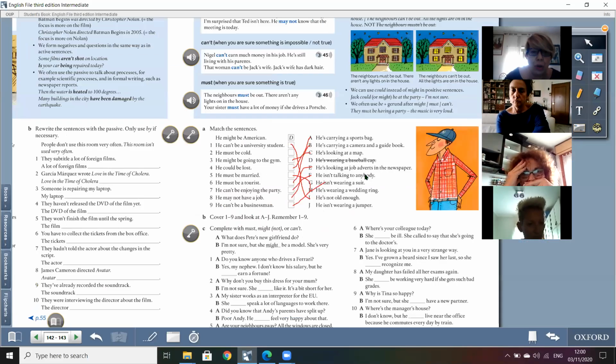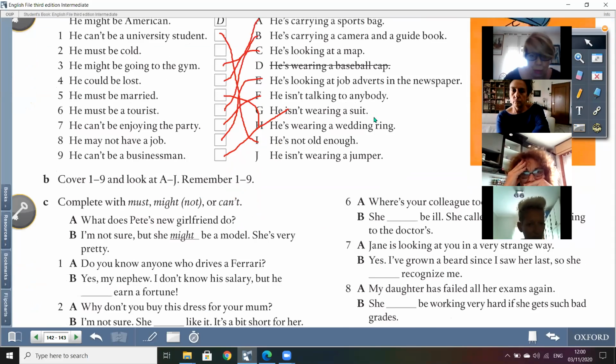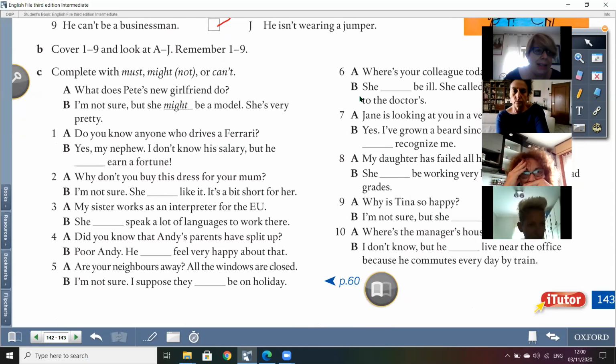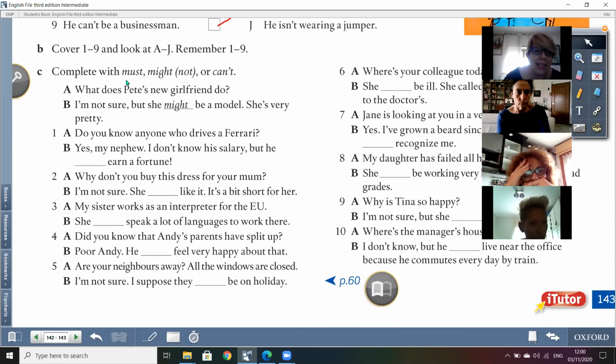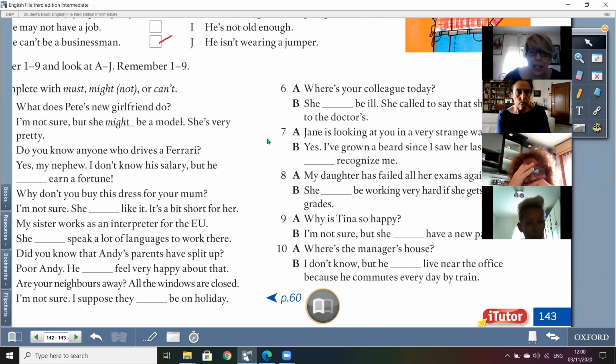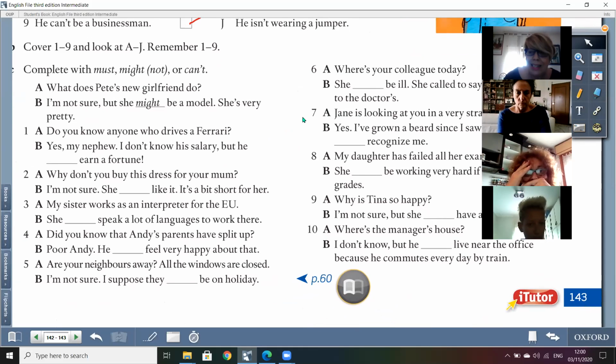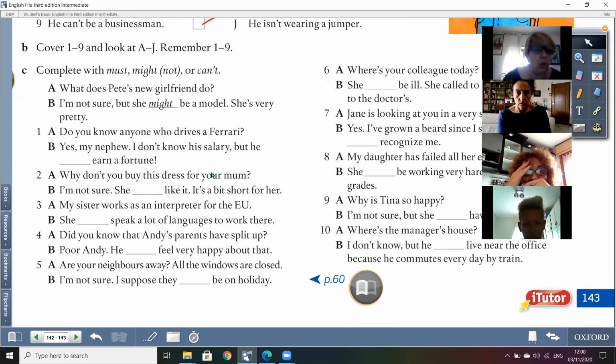Però vedete che si formano esattamente allo stesso modo. Ok? Sì. Oh, questo è interessante perché possiamo mettere must, might o might not o can't. E questo è il tipo di esercizi che noi dobbiamo certamente andare avanti a fare. Se avete tempo lo facciamo immediatamente.